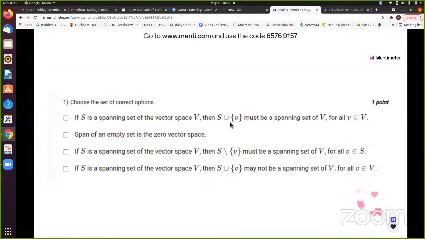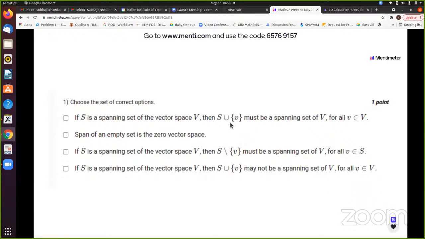By spanning, you will generate all the elements of the vector space. So if you take any element from the vector space V, suppose a small v, then you can write it as a linear combination of the elements from S. That is the definition of a spanning set, as we have already discussed.